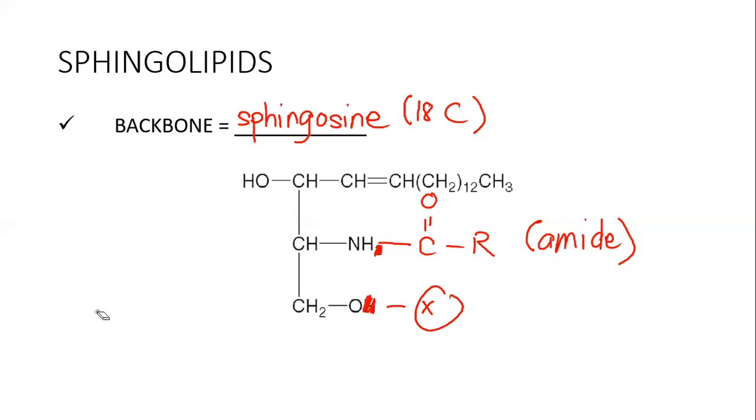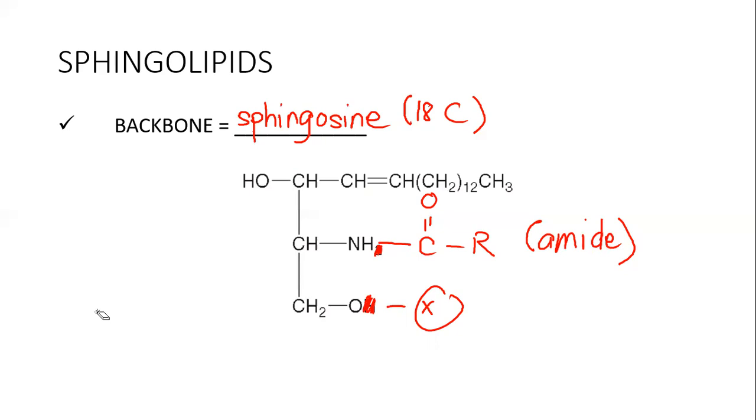These polar head groups are what vary among the different types of sphingolipids. Okay? So this is the explanation behind the structure of our sphingolipids.